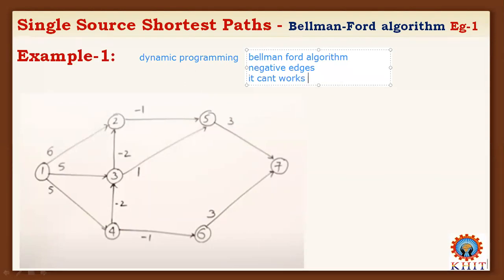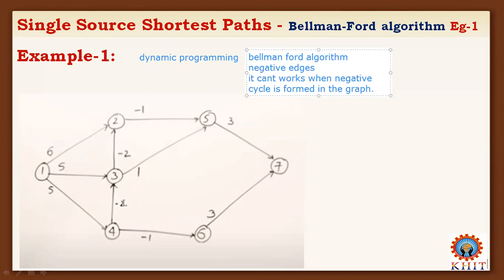work when a negative cycle is formed in the graph. Now consider the given graph. Are any negative edges found or not?